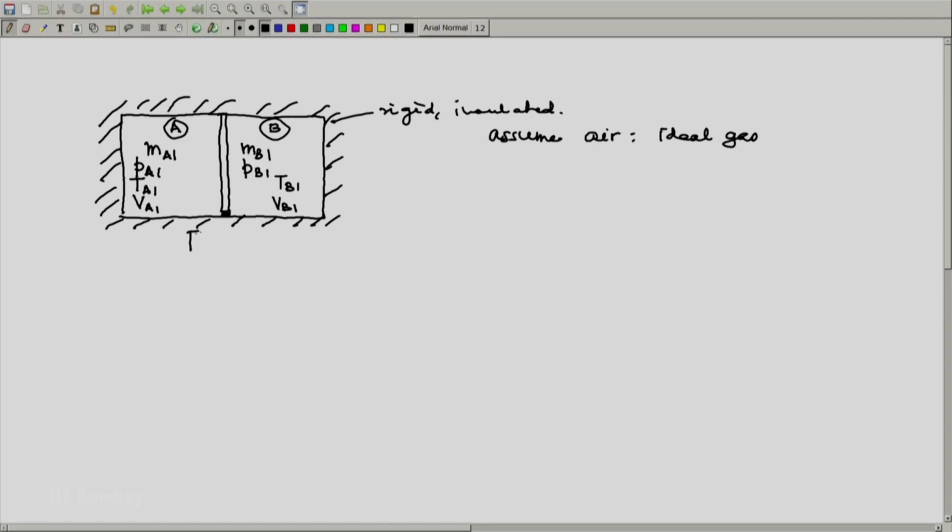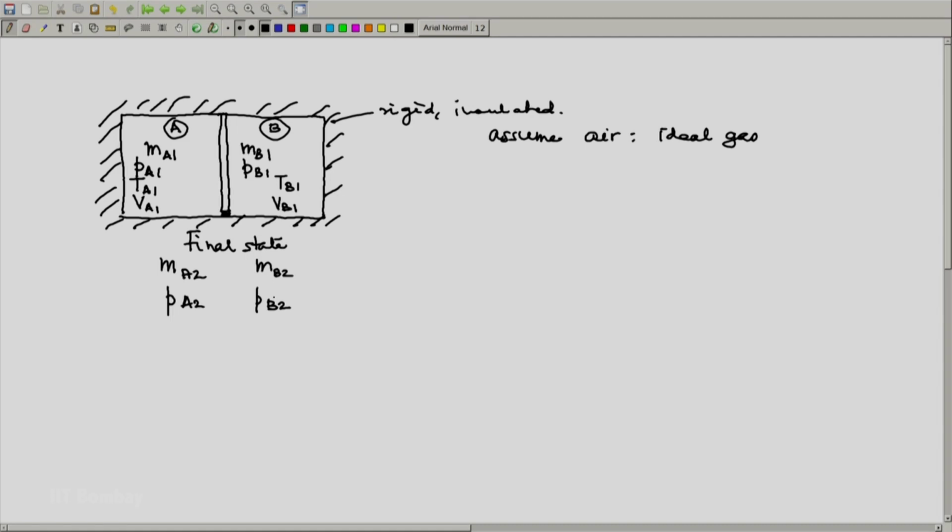Now let us list out the parameters in the final state. In the final state, let the mass on the two sides be MA2 and MB2. Let the pressures be PA2 and PB2.